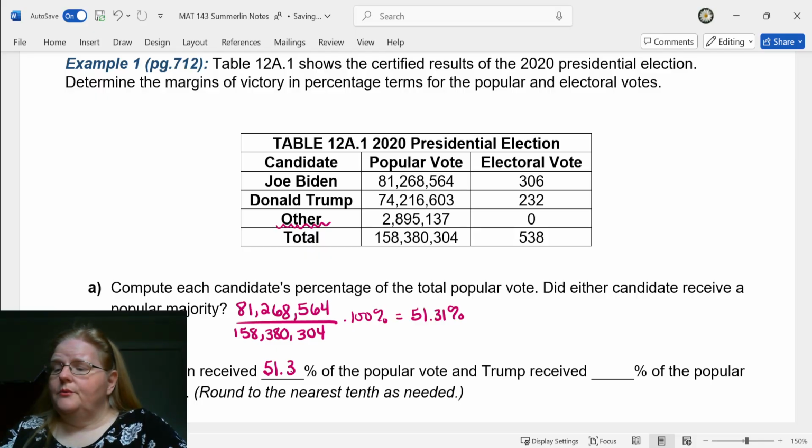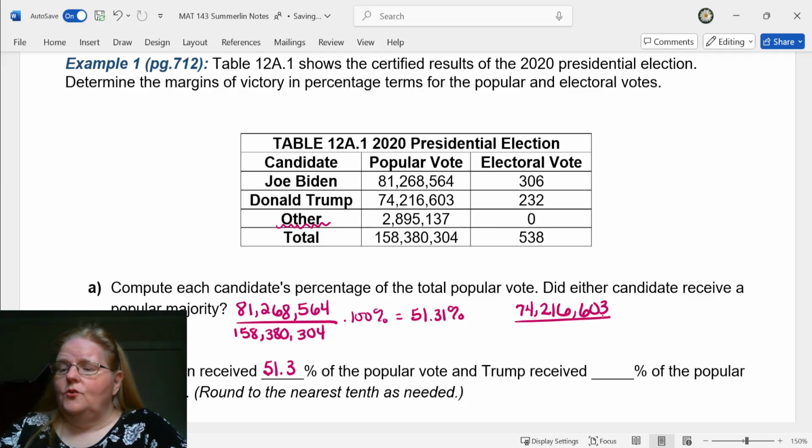Then for Trump, we have his 74,226,603 over his 158,380,304 times the 100%, and then that equals our 46.9%.